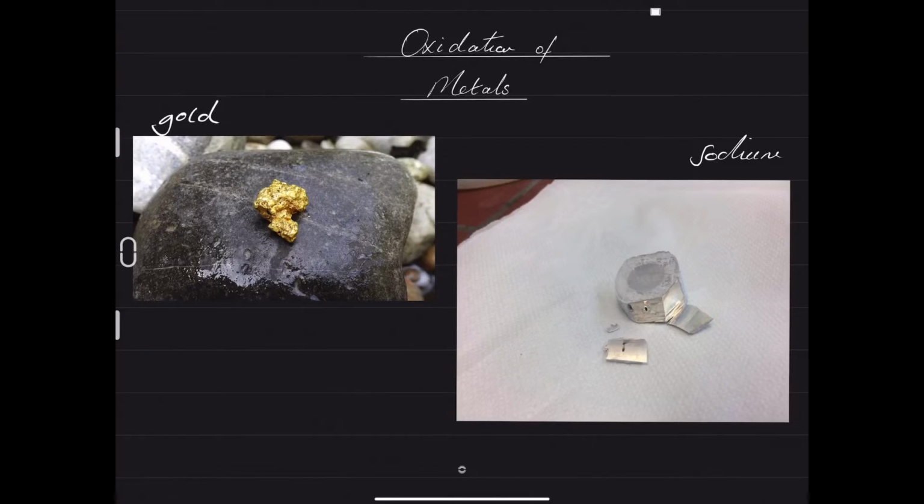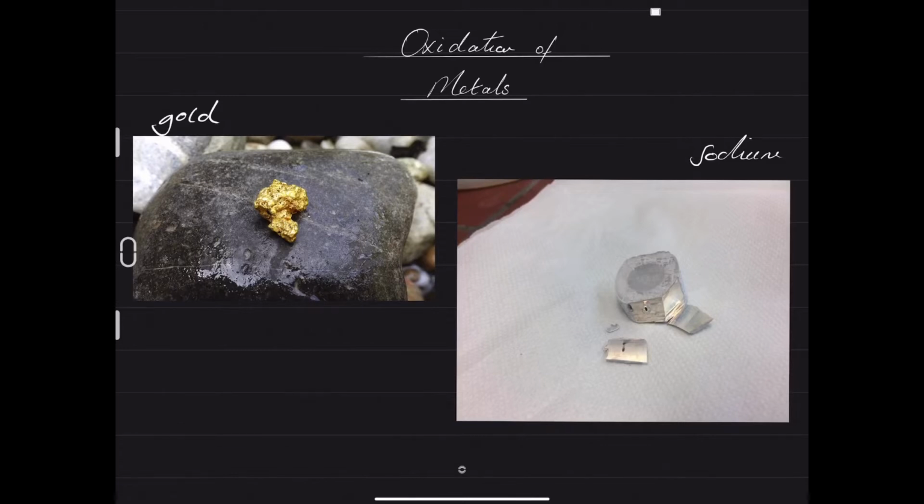Gold is valuable because it does not react with other elements. It does not form chemical compounds easily. It's unreactive in its natural state. So gold does not oxidize.